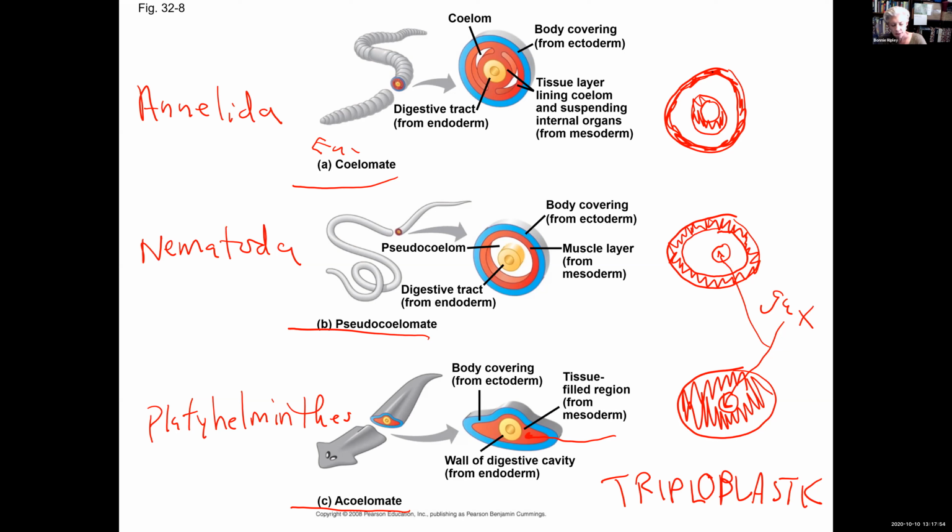All right, so you can see that the space, the coelom, is lined on both sides by mesoderm, whereas in pseudocoelomate, there's only mesoderm on one side of it.